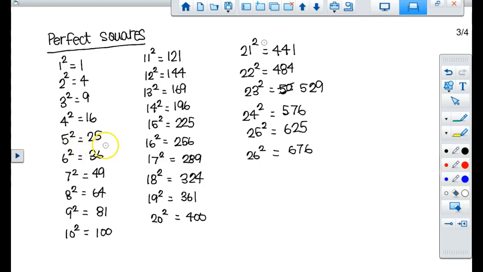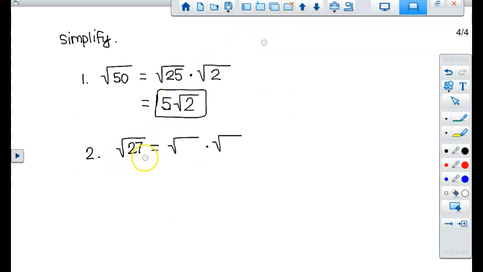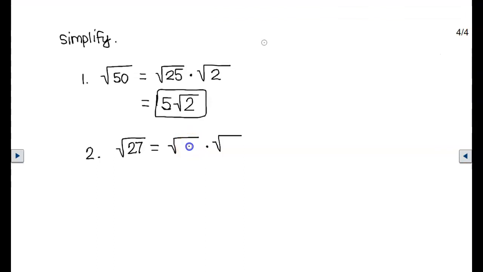So I want to find the biggest number in this list that is a factor of 27. 27 won't divide by 25 or by 16, but 27 will divide by 9. So I think 9 is my number from the list that I need to use to factor this 27. So I'm going to rewrite the square root of 27 as the square root of 9. So there's my list number times the square root of 3.